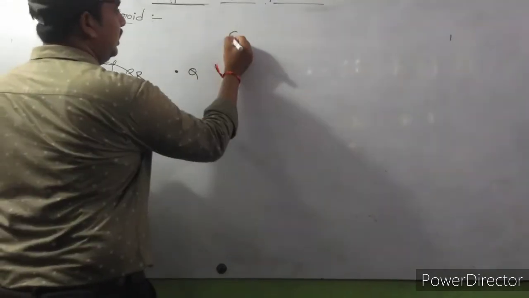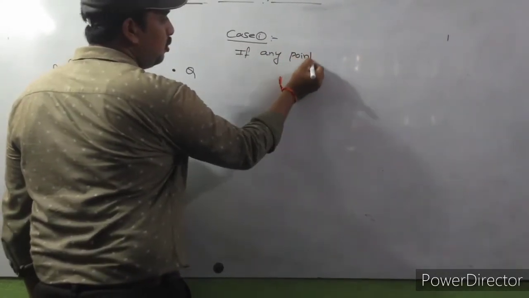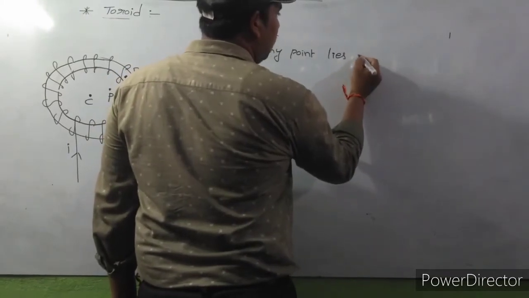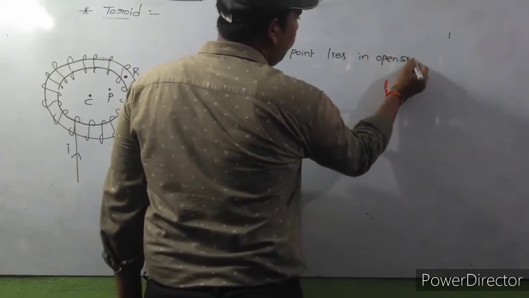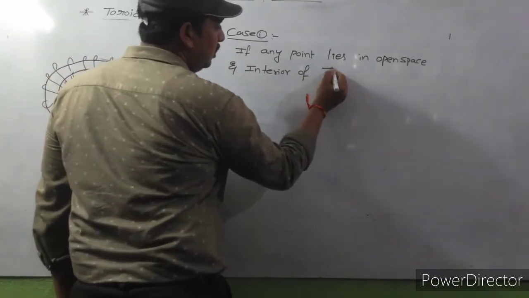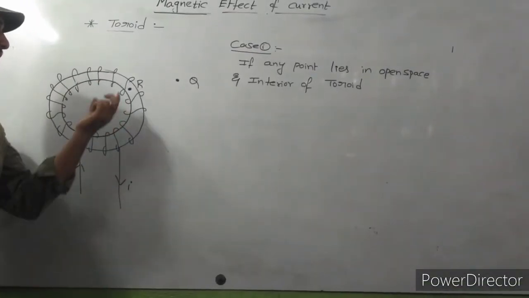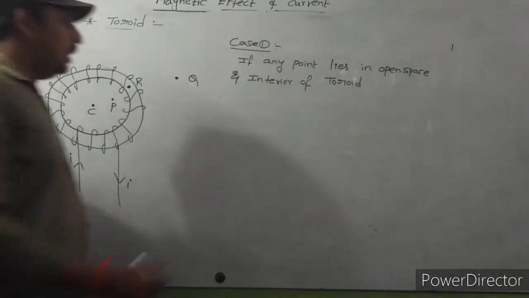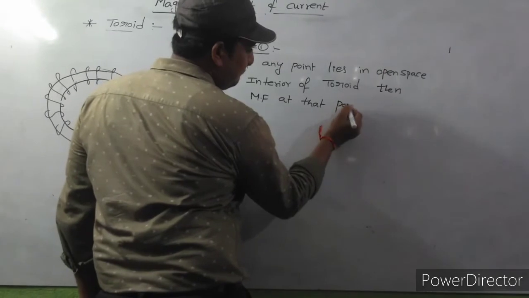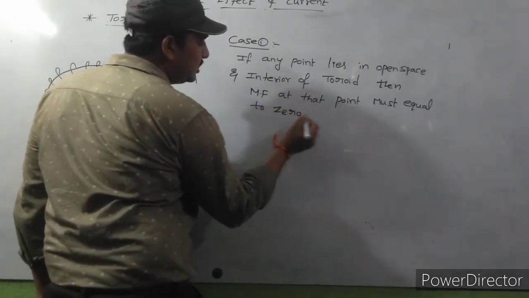Okay, so case 1, what did we get? If any point lies in open space and interior of the toroid, this is an open space and it is present interior of the toroid, then the magnetic field at that point must equal 0.